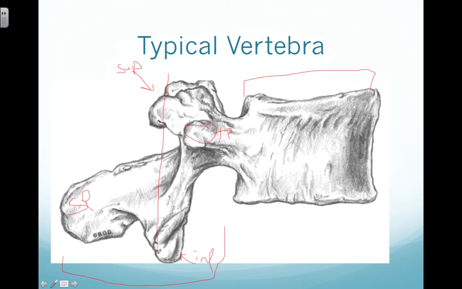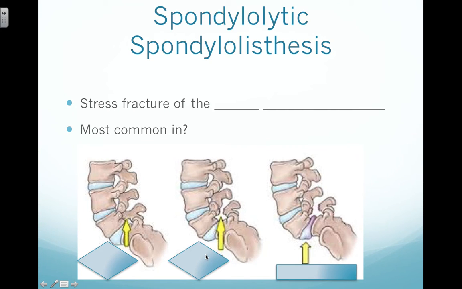So let's talk about that pars interarticularis a little bit. Spondylosis is a condition where that pars articularis becomes fractured. And this typically becomes because of some type of stress fracture. It's very common in gymnasts.